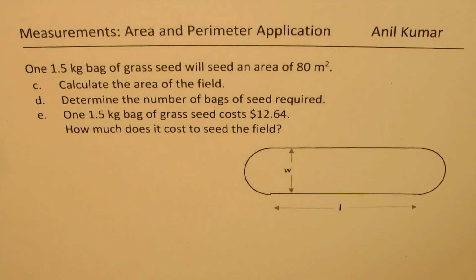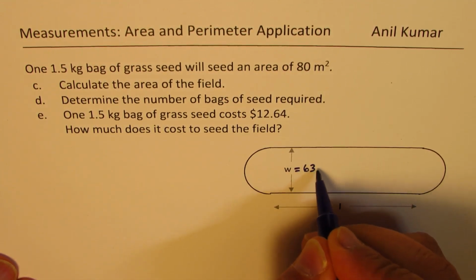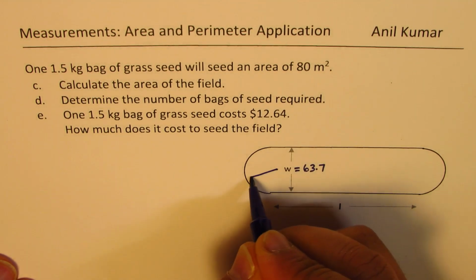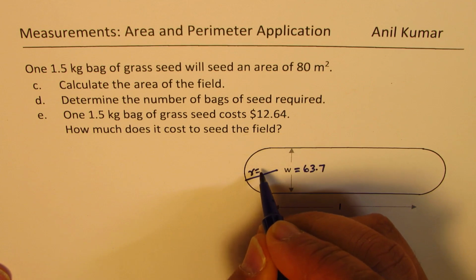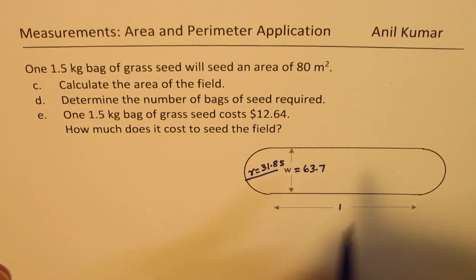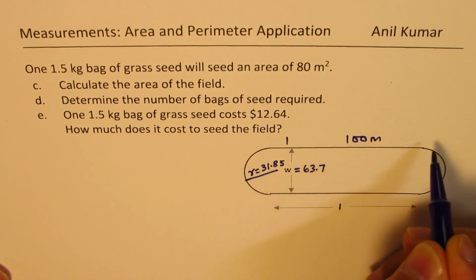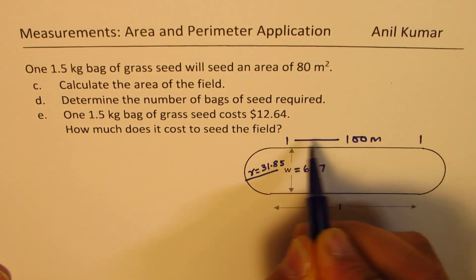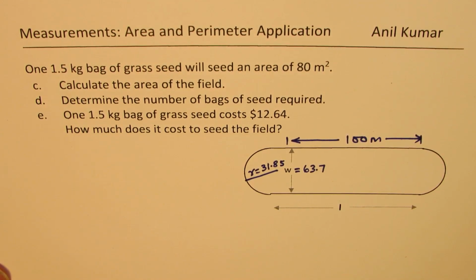So let me write down what we have found here. We found that the width is equal to 63.7, radius r is half of this, which is 31.85, right? And this portion is 100 meters, the straight portion for this track of 400 meters, right?